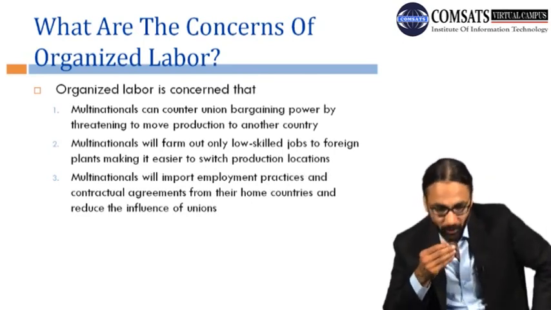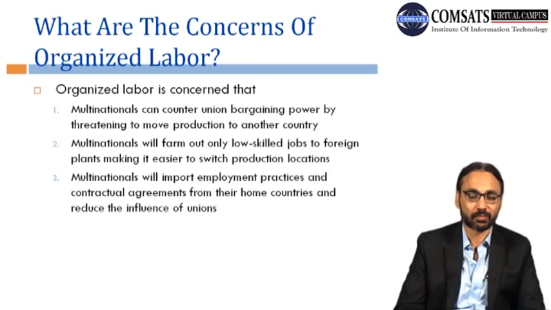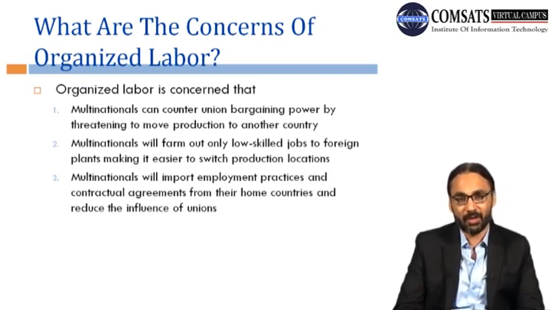Multinationals will farm out only low-skilled jobs to foreign plants, making it easier to switch production location. Okay, one option is they move the entire production facility to another country, and the second is they open a production facility in another country with only low-skilled jobs, where in the future, if the company wants to switch the production location, they can do it very easily.